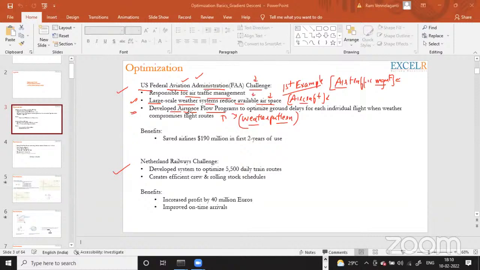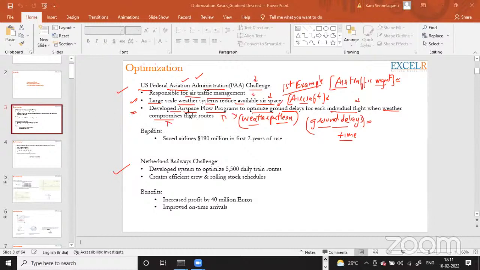And what is the advantage when you study your weather patterns? You can understand and optimize your ground delays. So you can help the aircraft in reducing the ground delay time in the available airspace, and you can reduce your costs. So what are we trying to do here? We are trying to optimize our ground delays for each and every individual aircraft when the weather pattern is difficult.